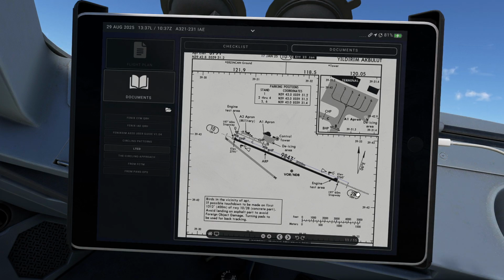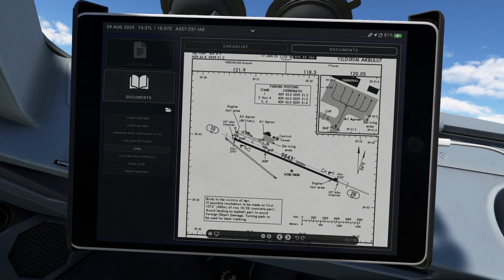The main runway is runway 28, but today, due to wind from 090 degrees at 15 knots, we are unable to land on runway 28 due to aircraft limitation.